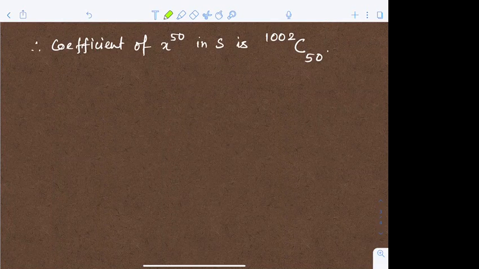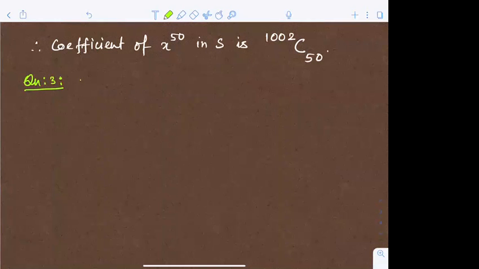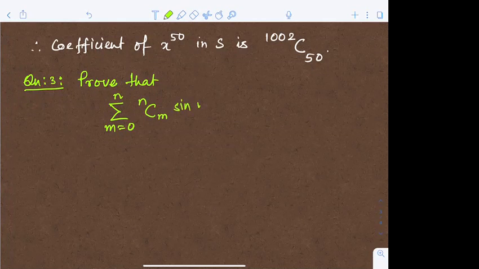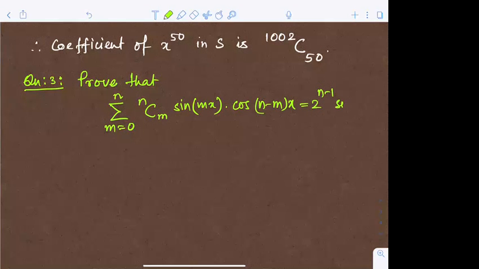Prove that summation m is equal to 0 to n, nCm sin mx into cos (n minus m)x equals 2 to the power (n minus 1) sin nx.